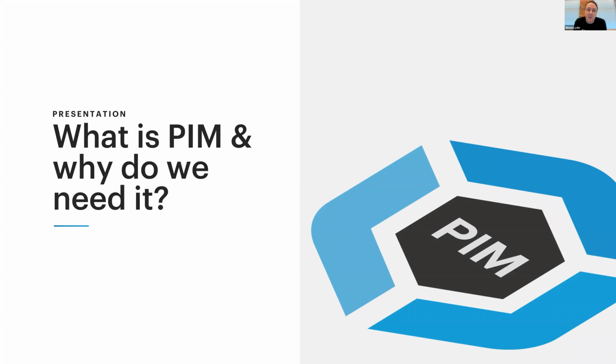So what is a PIM system and why do we need it at all? First of all, PIM stands for Product Information Management. It is a dedicated system for managing rich product data. Today, most customer journeys span multiple sales channels. We don't just go to an online store to buy our things. We meet the products in online stores, in social media, in physical stores, all sorts of sales channels.